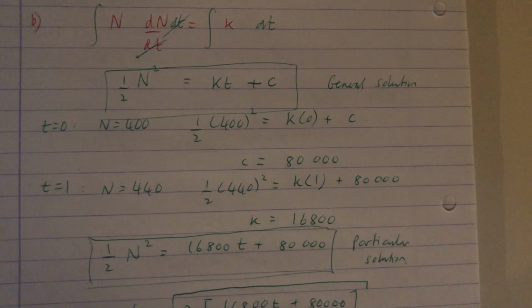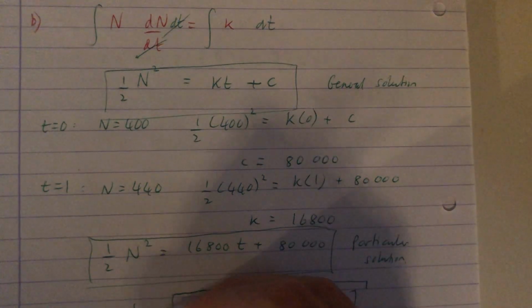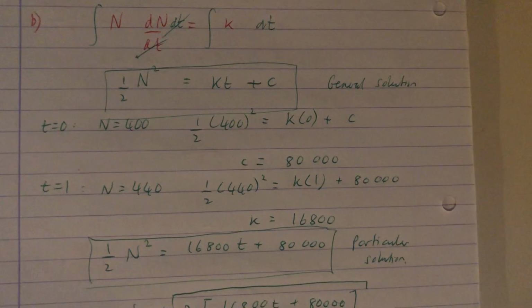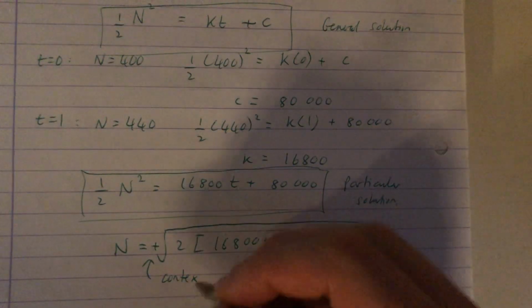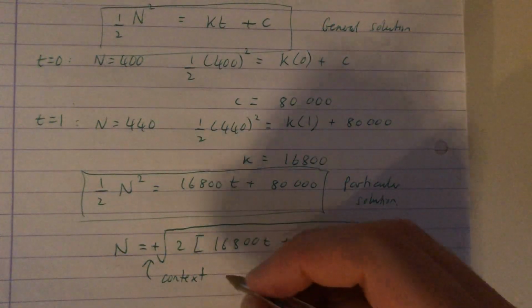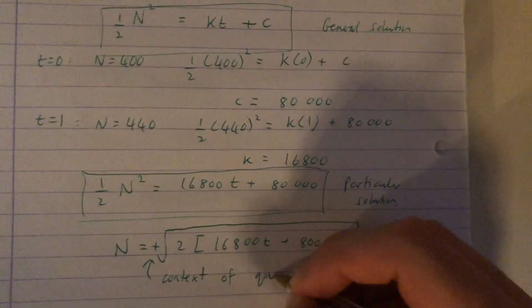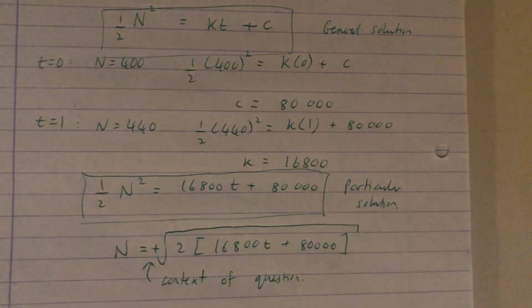If you considered plus or minus for square rooting, it's obviously a plus, because of the context of the question, number of insects, you can't have a negative number of insects, so that's why I've picked the positive root.